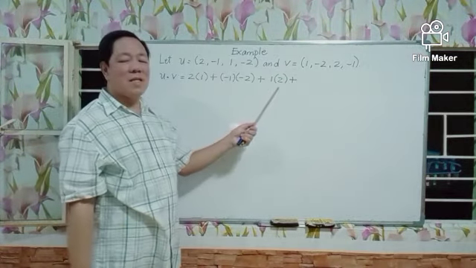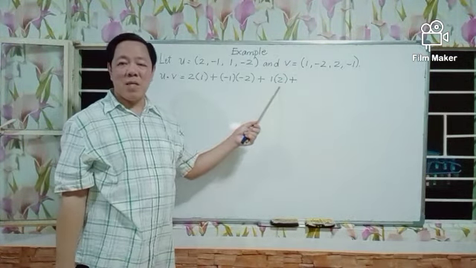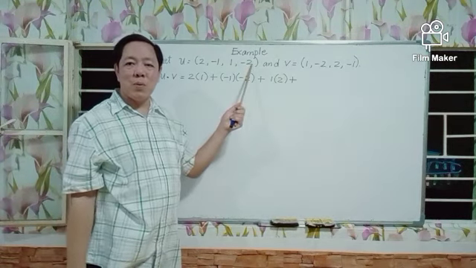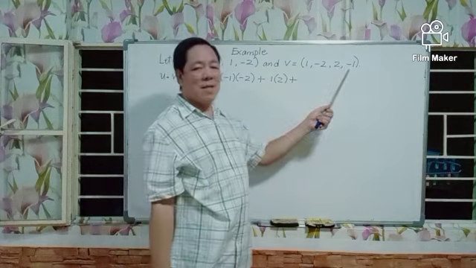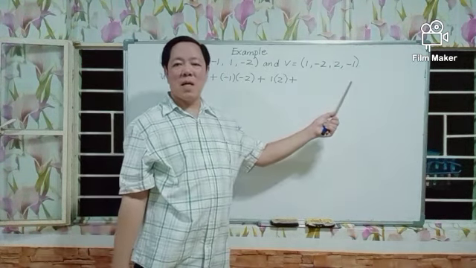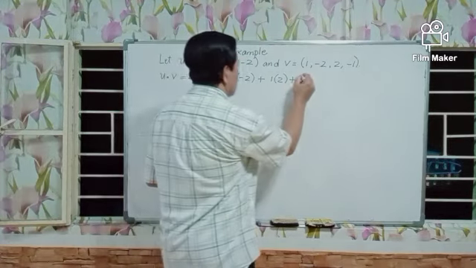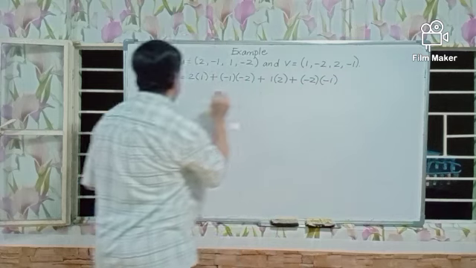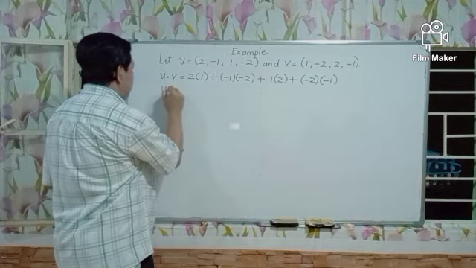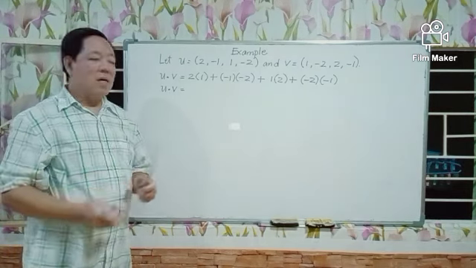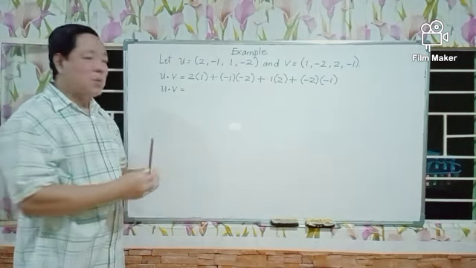And this sum is added to the last product obtained by multiplying the fourth coordinate of u by the fourth coordinate of v. Negative 2 multiplied by negative 1. We multiply 2 by 1 is 2.